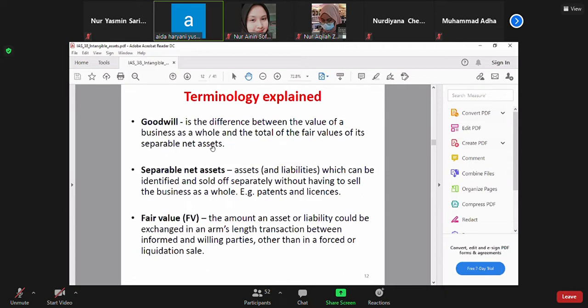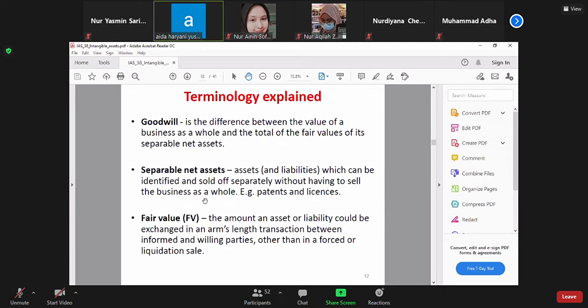How do you know the fair value of the business? You will take the separable net asset. What does it mean by separable net asset? You will take the assets and liabilities which can be identified in your company and sold off separately without having to sell the business as a whole.